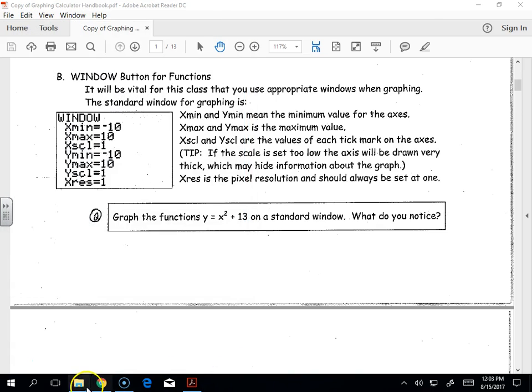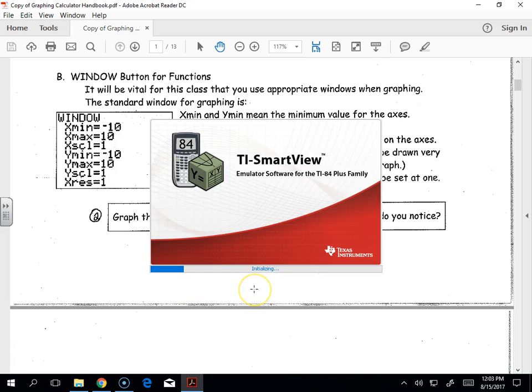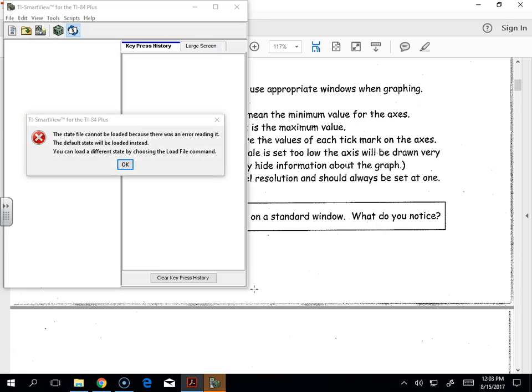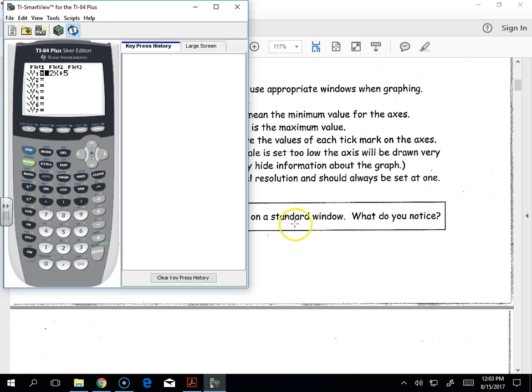For number 2, what happens when you try to graph it? It's a parabola in a standard window? What's it mean by standard? I mean, I see it, but how do you get the standard window? Don't you zoom out? You could zoom out, but what is it talking about, standard window? That's not zoomed out yet, right?